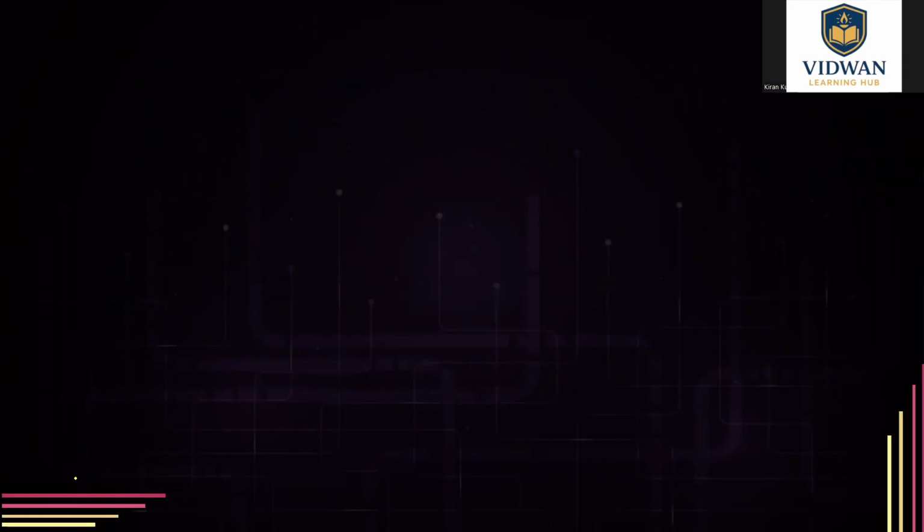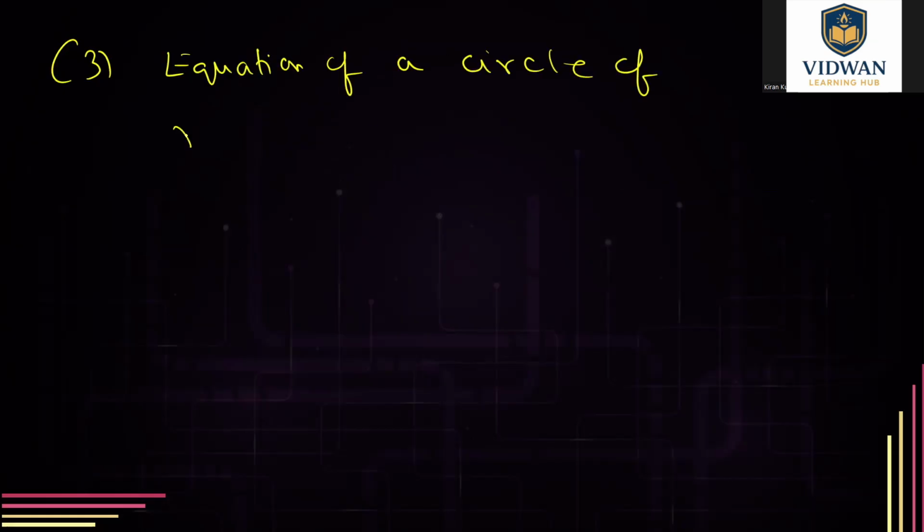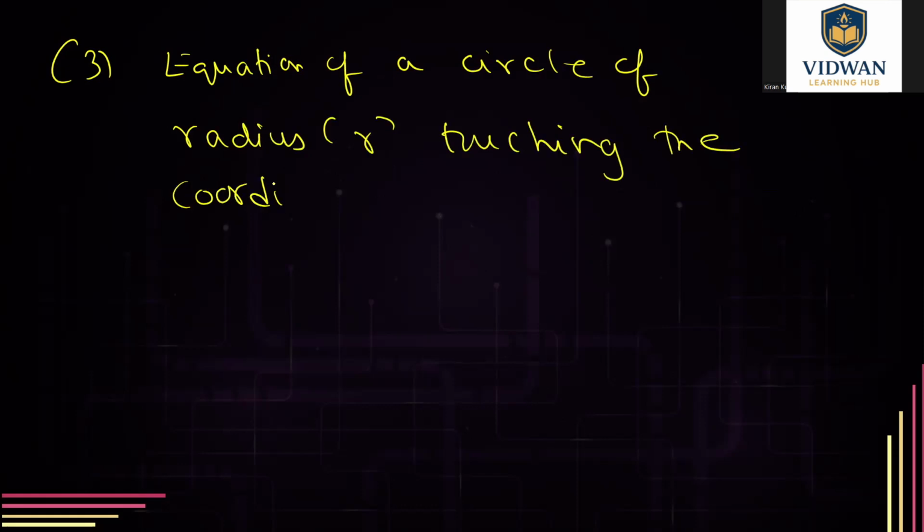Then the third case, equation of a circle of radius r touching the coordinate axis. So here also we can have 4 possible circles because I didn't mention that it's touching positive x and y.